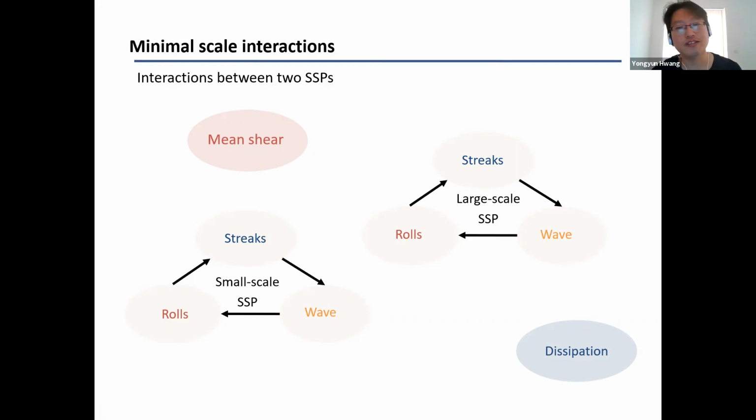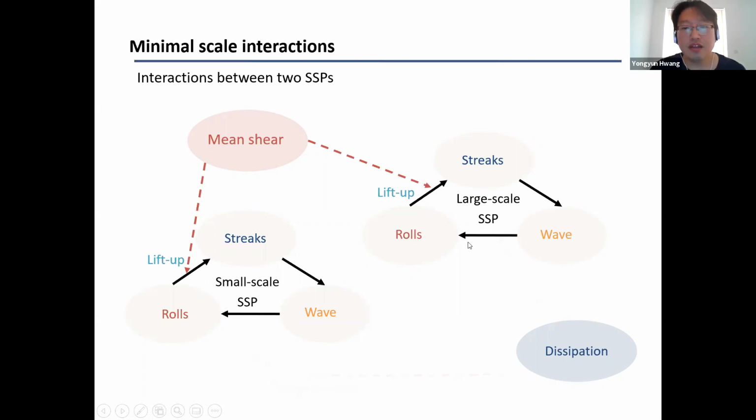What is actually happening is that the mean shear pumps the energy to each self-sustaining process, converting rolls to streaks. This is what is known as the lift-up effect. This is where the turbulence production takes place.